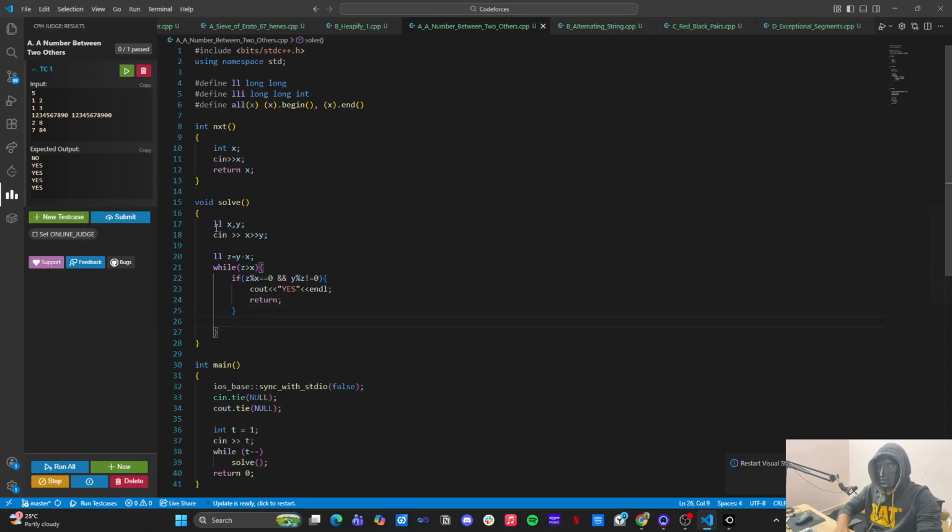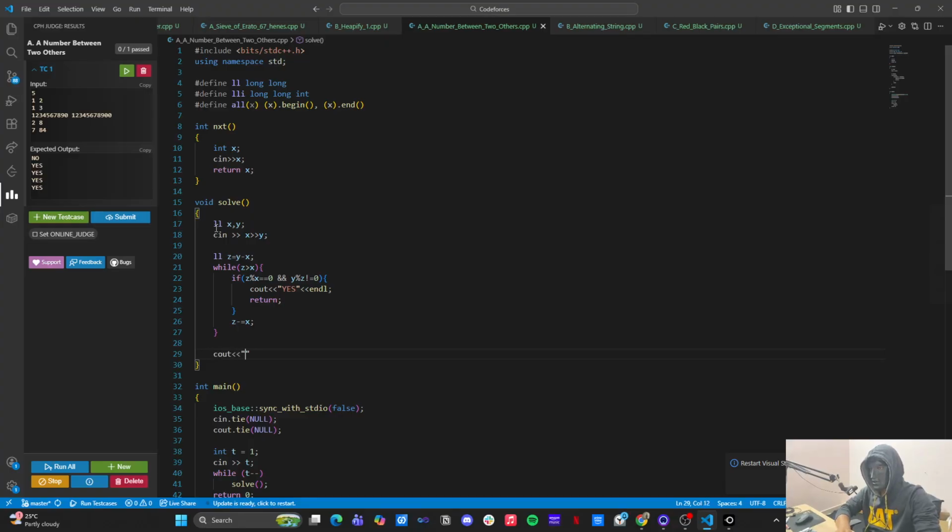If this condition is not holding, we need to find z again, so we move x distance backward. The reason for moving x distance backward is that your z has to be divisible by x. If you come out of the loop, which means you have not found the answer, we'll have to print no.